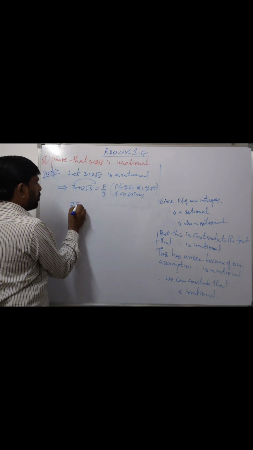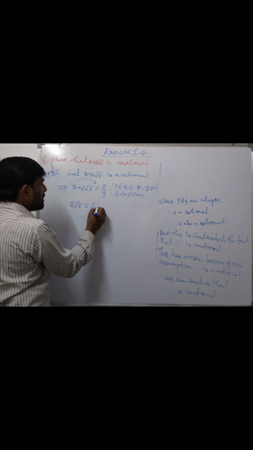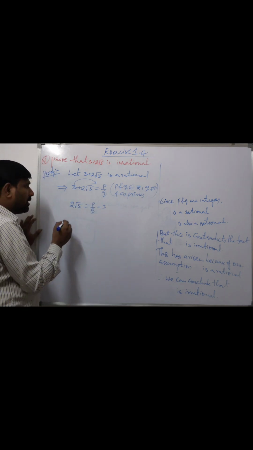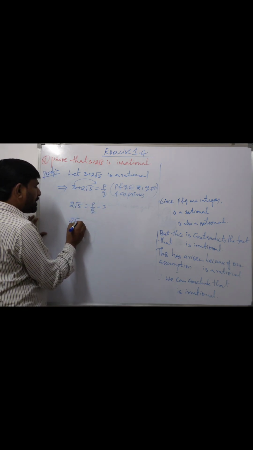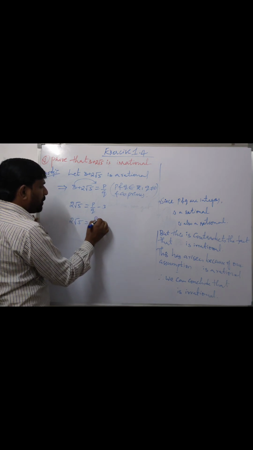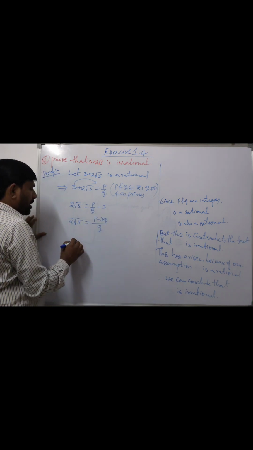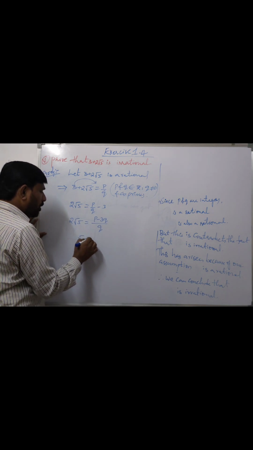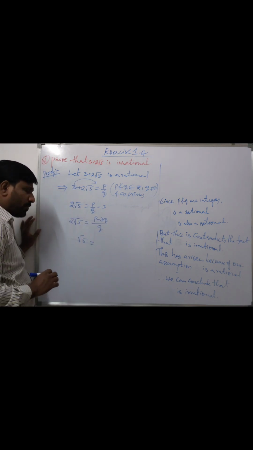So left over, 2 root 5 is equal to p by q minus 3. Clear? Now 2 root 5 is equal to, taking the LCM q, p minus 3q by q.